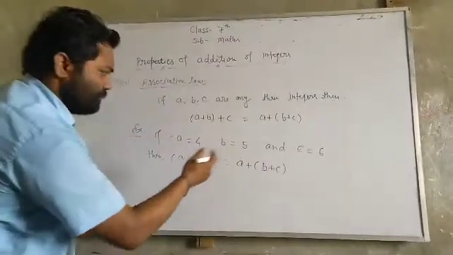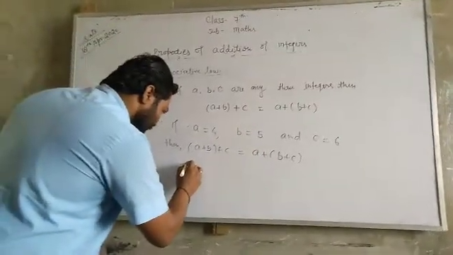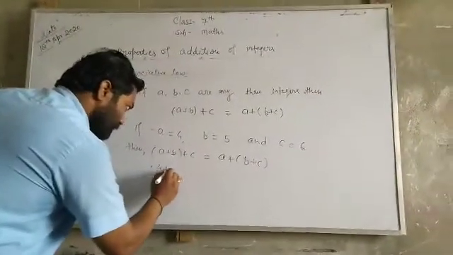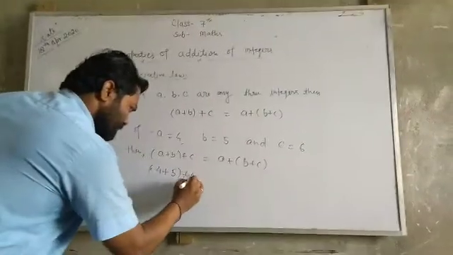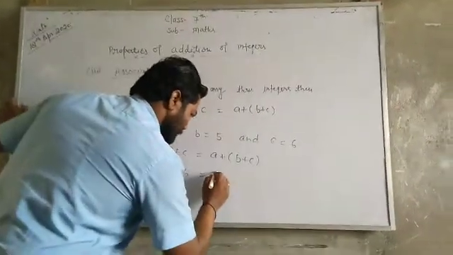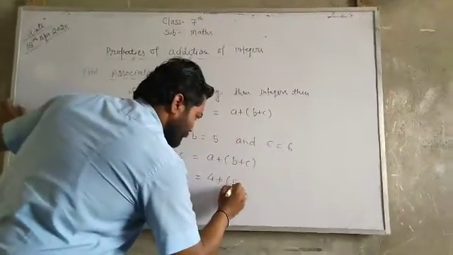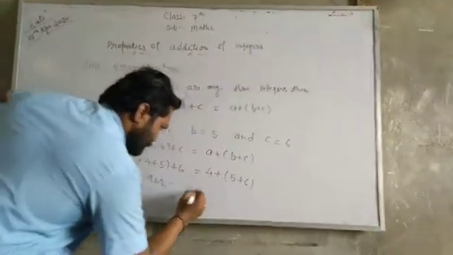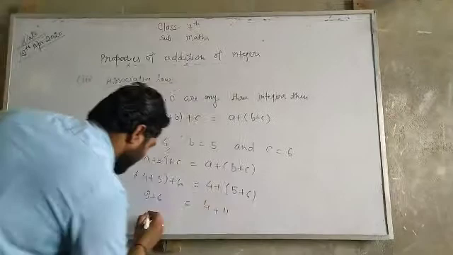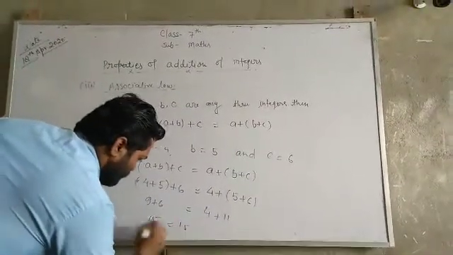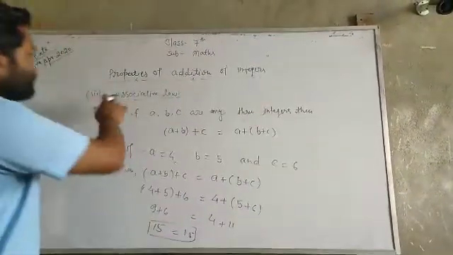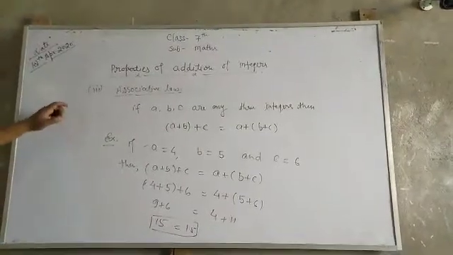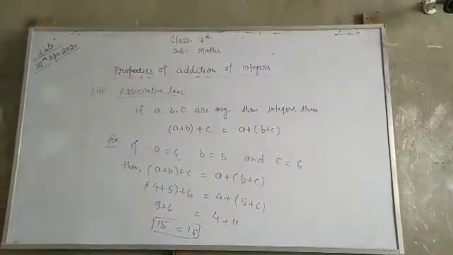Now putting the values of A, B, C in this equation, (4 plus 5) plus 6 equals 4 plus (5 plus 6). 9 plus 6 equals 4 plus 11. This equals 15. This is the associative property for the addition of any integers.